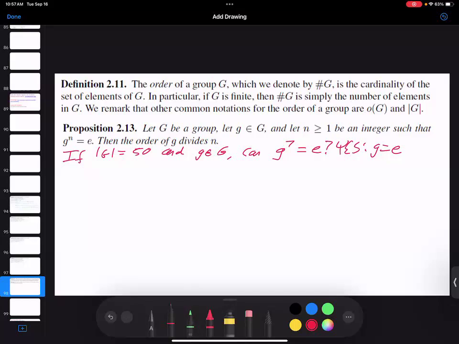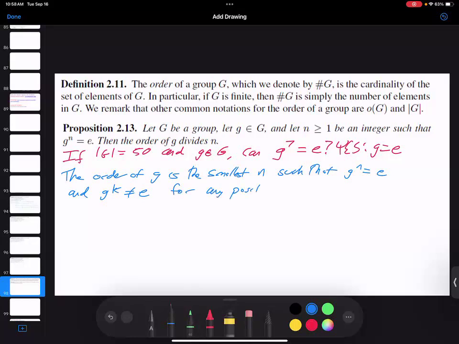If I want this proposition to be true, I don't want there to be such an element G. So what should the order be? The order of G is the smallest n such that G to the n equals E, and G to the K does not equal E for any positive K greater than 0 and less than n.